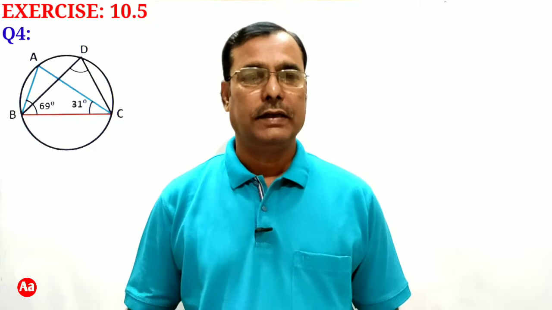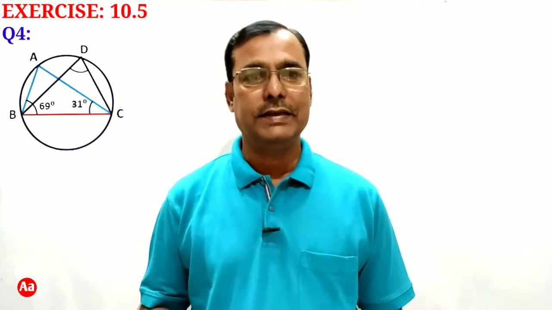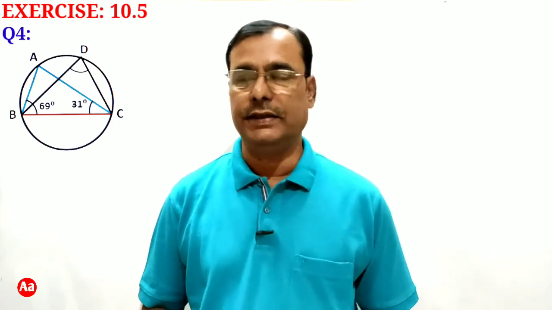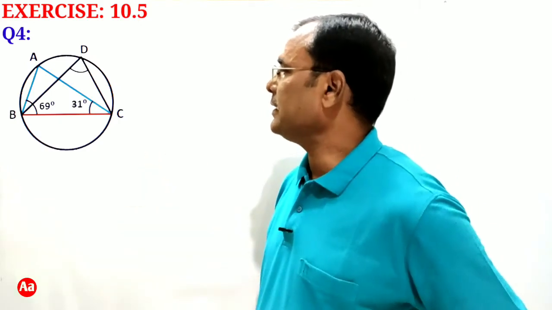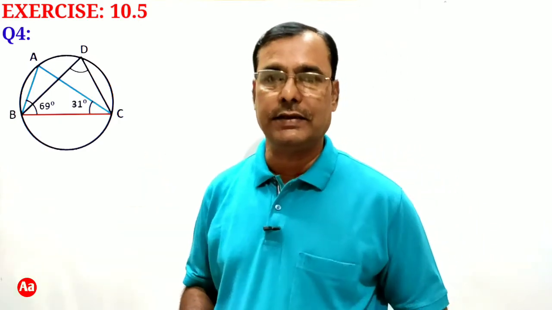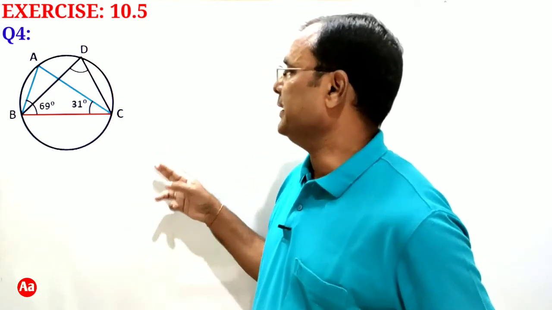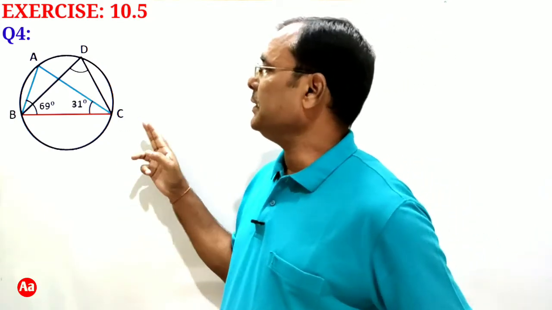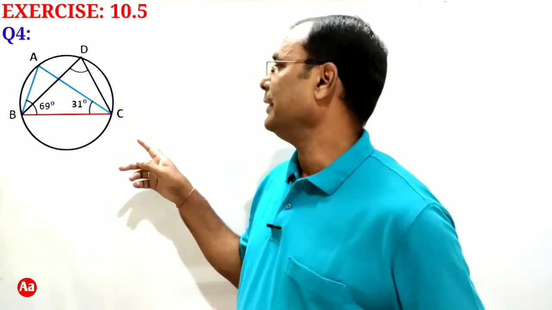Now question number 4. In the given figure, angle ABC is equal to 69 degrees, angle ACB equal to 31 degrees. Then find angle BDC. In this figure, angle ABC and angle ACB are given as 69 degrees and 31 degrees respectively, and we have to find angle BDC. See, in triangle ABC, two angles are given, angle ABC and angle ACB.